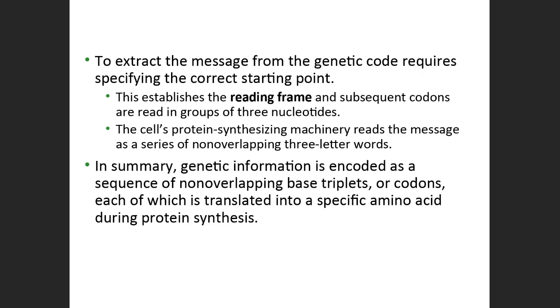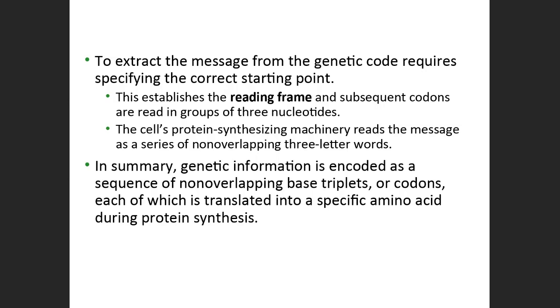Now, in order to read all those nucleotides in the correct groups of 3, there needs to be a starting point. So that establishes what's called the reading frame. Because when you look at a sequence of DNA, it's just one continuous sequence of A's, T's, G's, and C's, right?